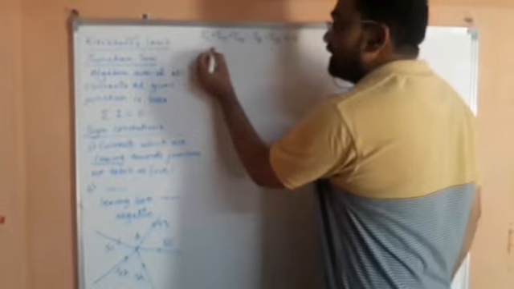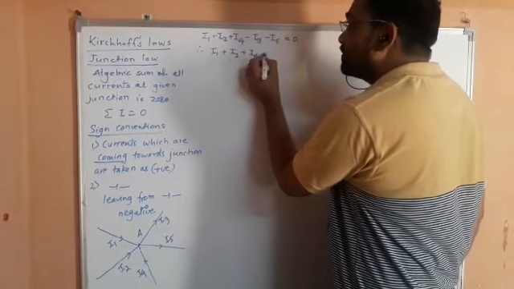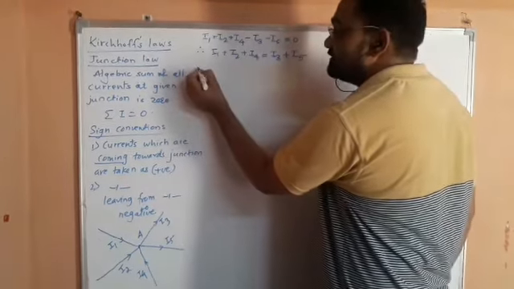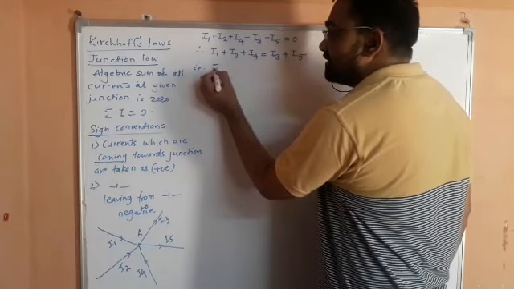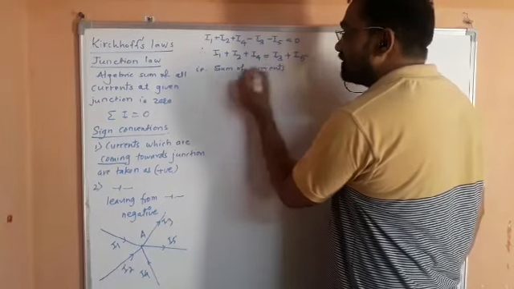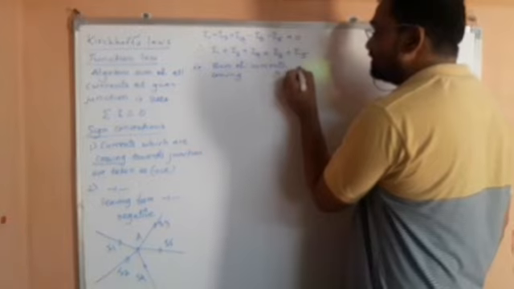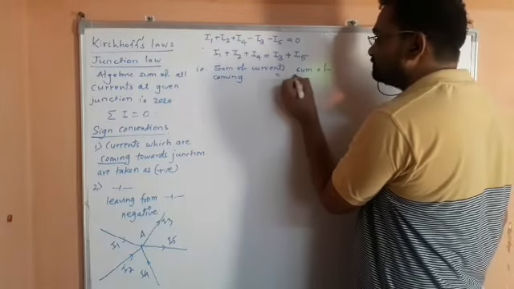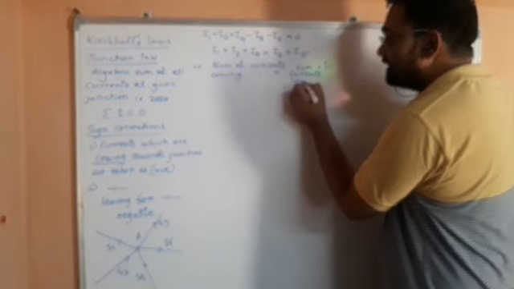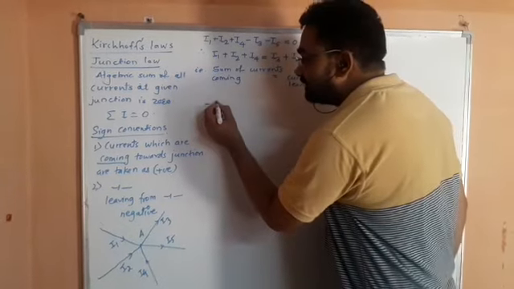Therefore, I1 plus I2 plus I4 equals I3 plus I5. That is, the sum of currents coming towards the junction is equal to the sum of currents leaving the junction.